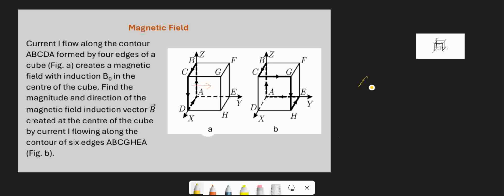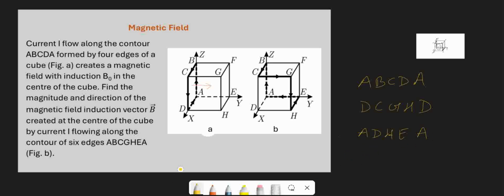The first is A, B, C, D, A, and then I will consider the next contour simply as D, C, G, H, D, and the next in a similar manner as A, D, H, E, A.